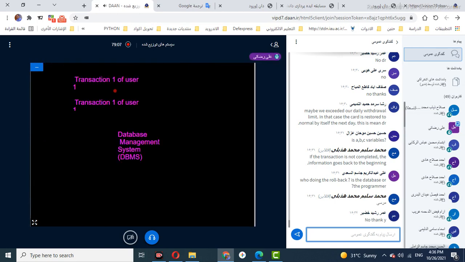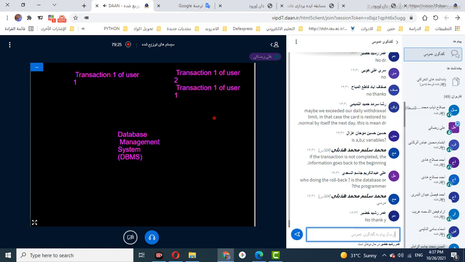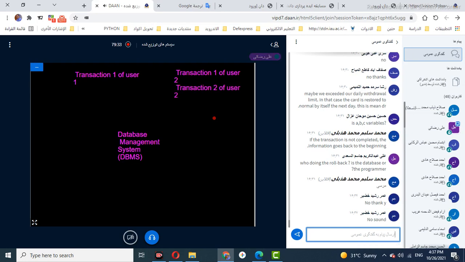Let me write it for you. Okay, transaction two of user two, and here we have transaction one of user three.